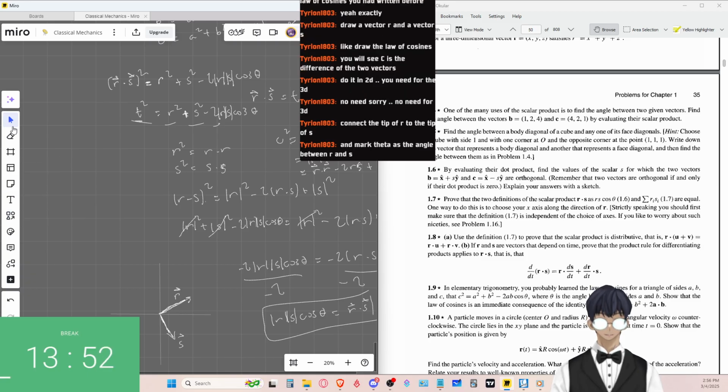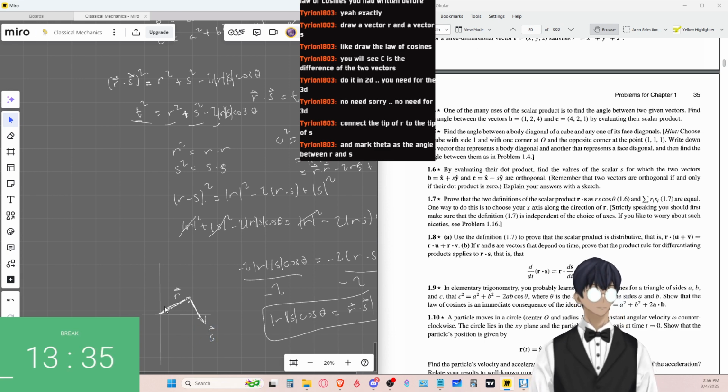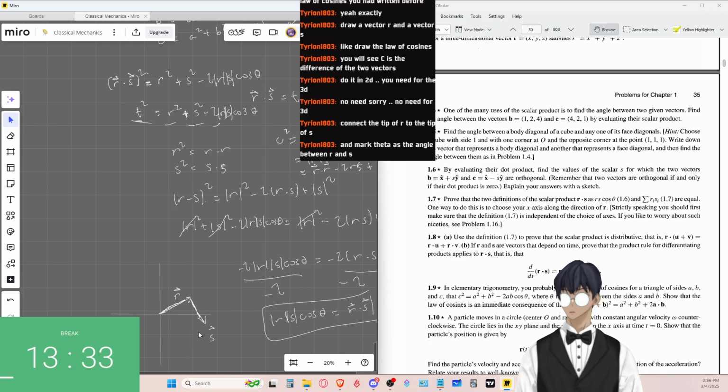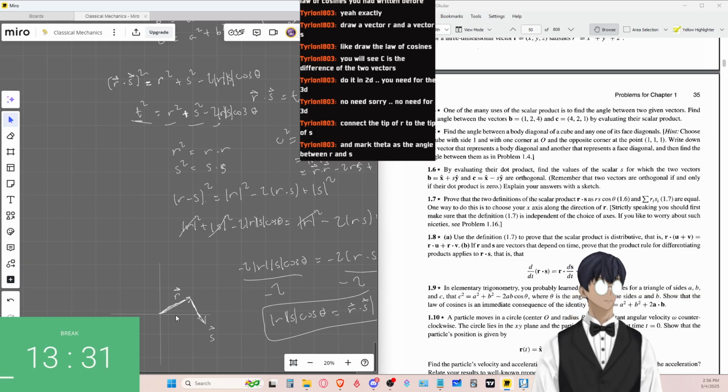Let's see if we can do a trick here. Can we... we can do it. That's fun. I like that. Yeah. And we'll take the S. That's pretty cute. I like that. I can move the little vector. It's not connected, but that's fun.